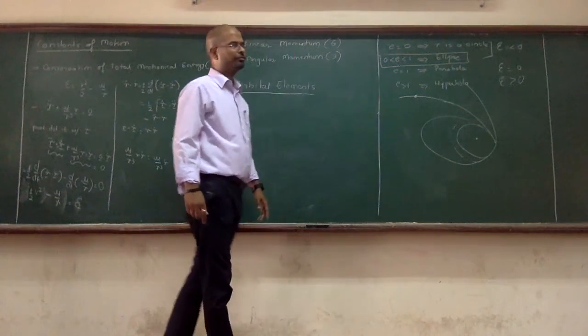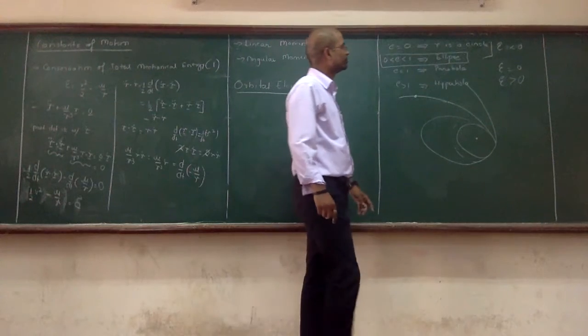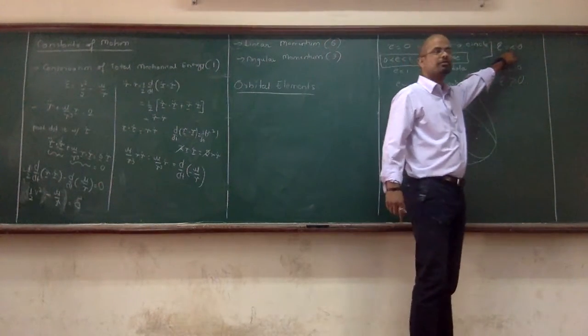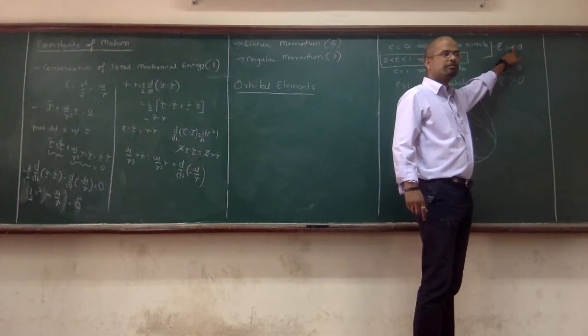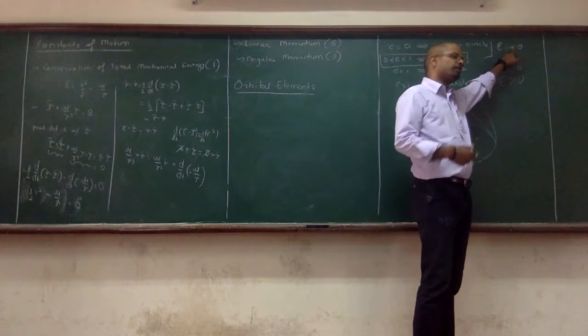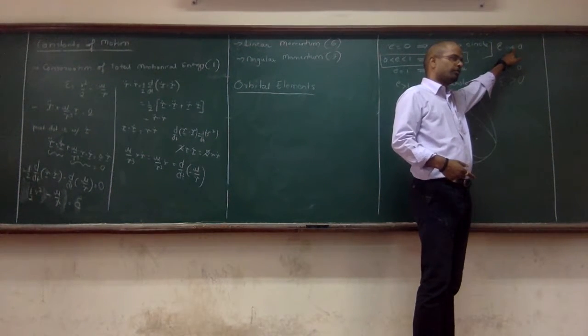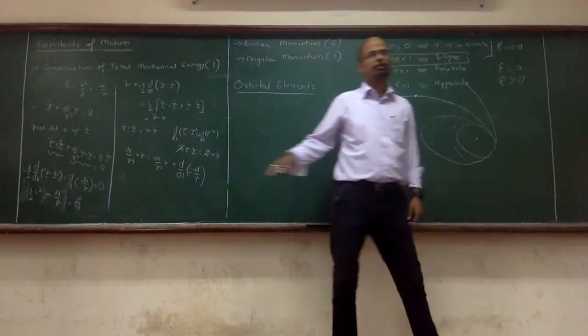So, if R is circular, then E is less than 0. Yes. If energy is negative, the orbit is bound.